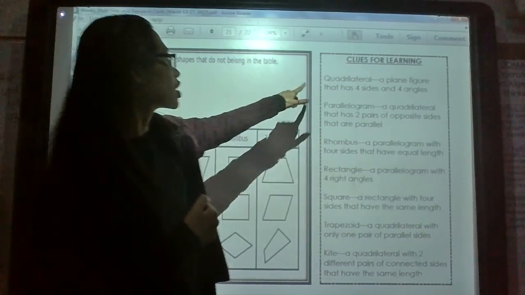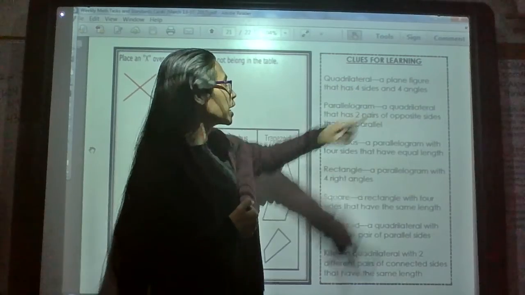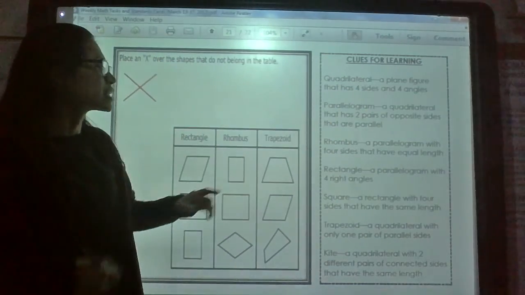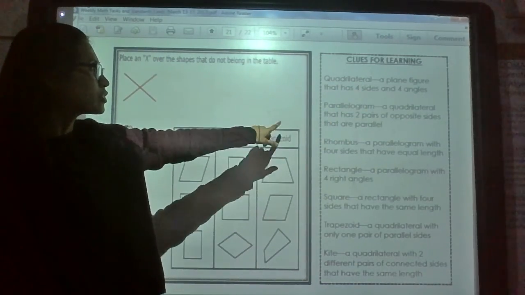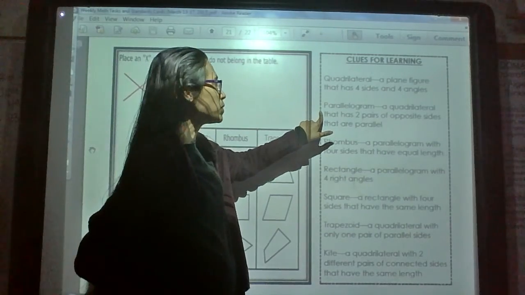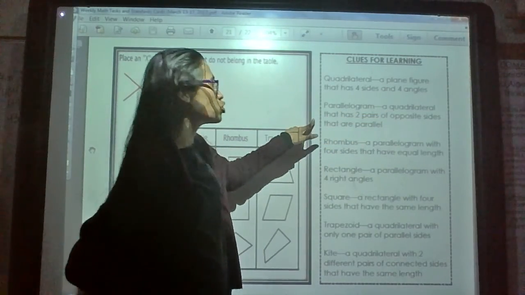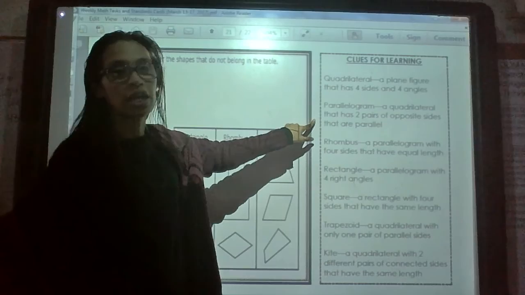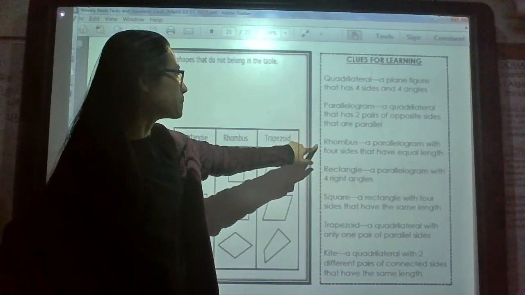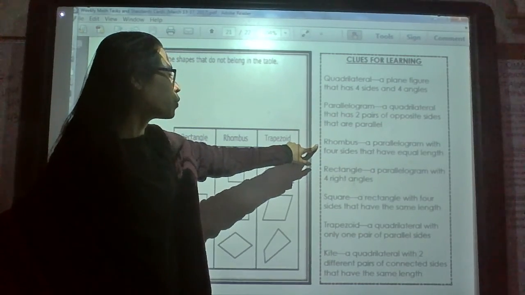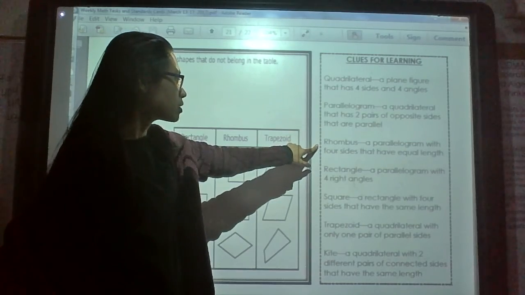Let's start. A quadrilateral is what? A plane figure that has 4 sides and 4 angles. The next one, parallelogram, is a quadrilateral that has 2 pairs of opposite sides that are parallel. The next one, rhombus, is a parallelogram with 4 sides that have equal length.